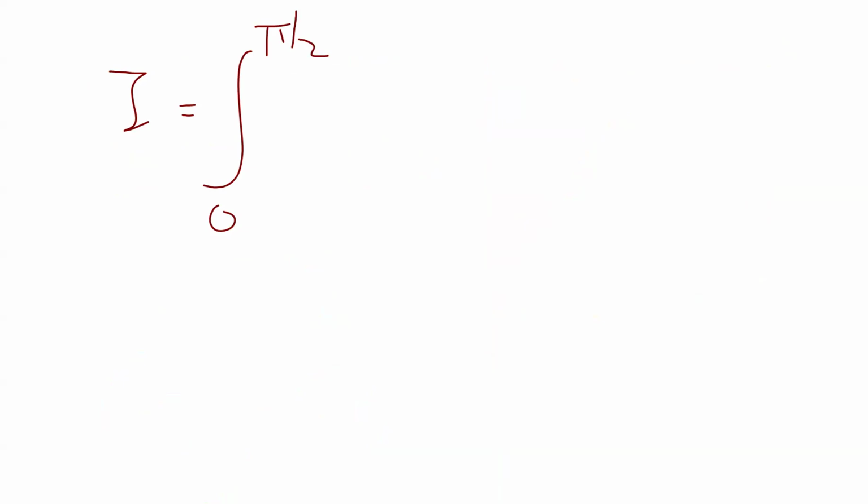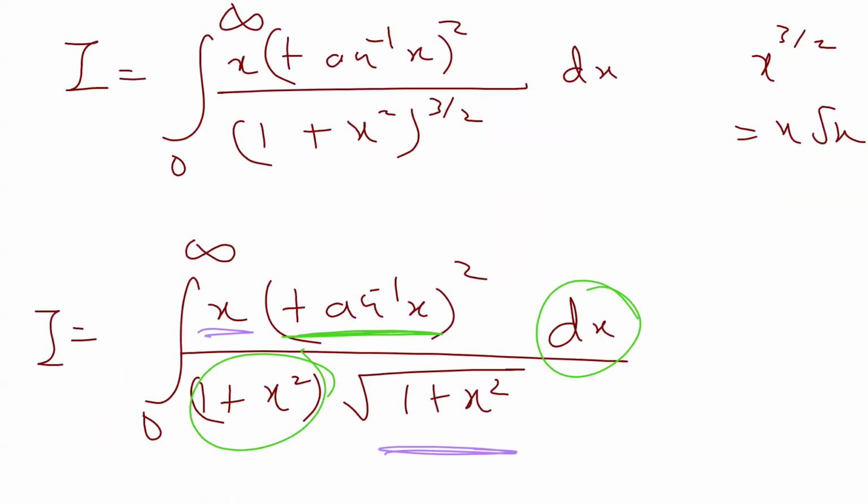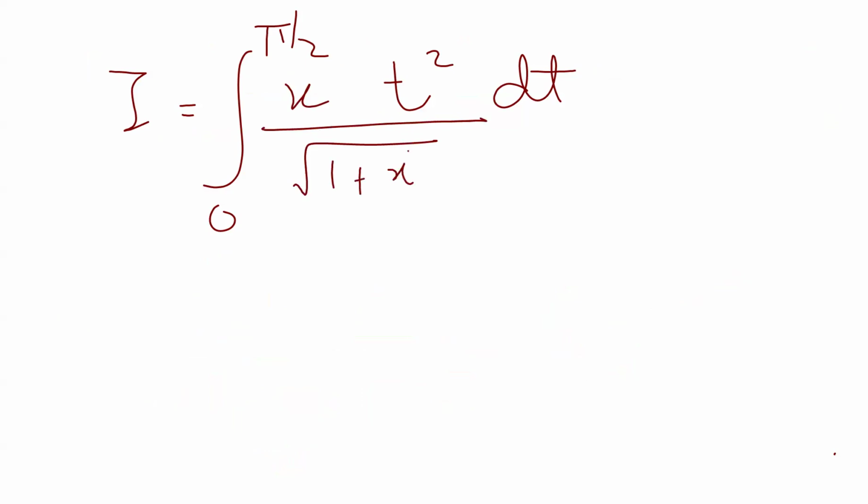dx upon 1 plus x square is dt. Tan inverse x is t, so this becomes t square dt. Now see guys, we are left with x and root of 1 plus x square. Tan inverse x is equal to t, so x is equal to tan t.